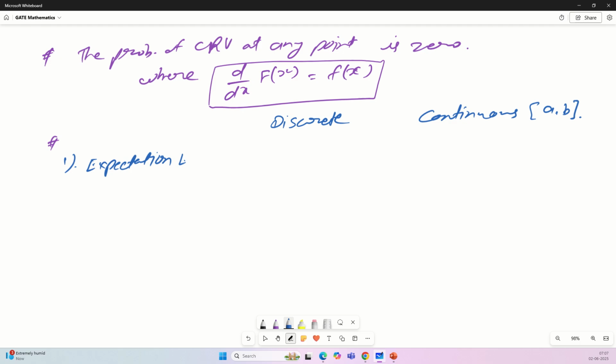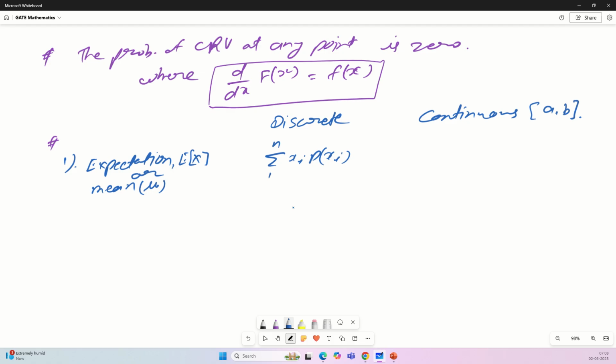Expectation is represented by E of x, or it is also called the mean, okay? This is represented by mu. So this can be found out in discrete as summation from 1 to n of xi into p of xi, okay? So if you want to find the expectation of any PDF or any random variable, this will be xi into p of xi. You sum them up to n.